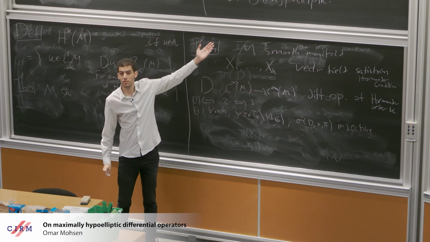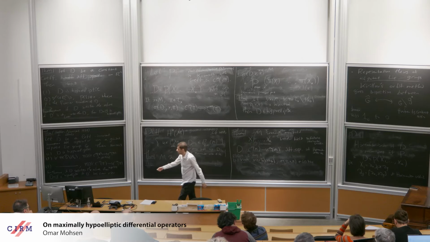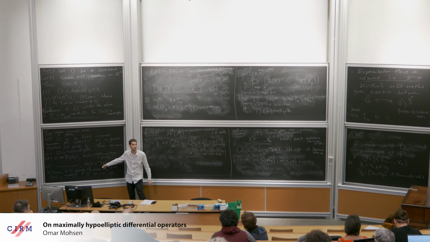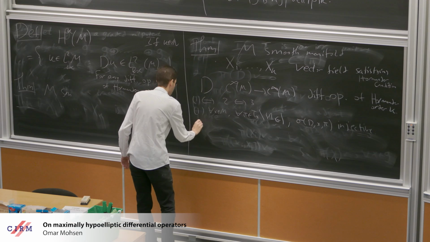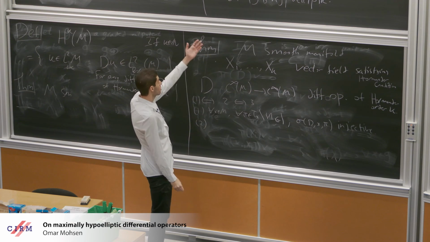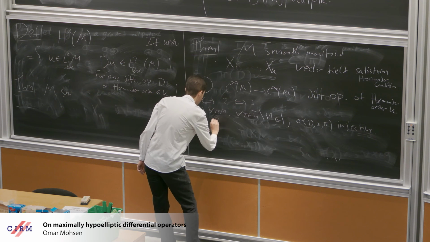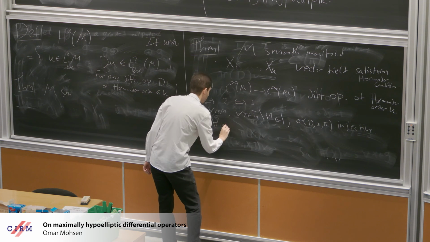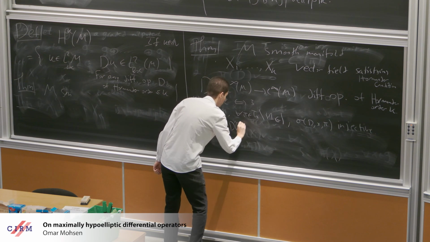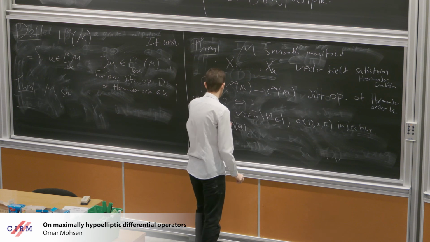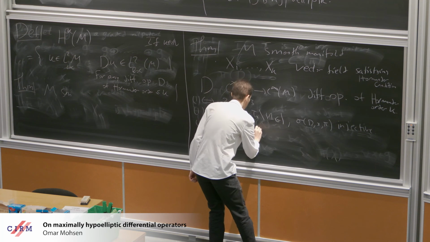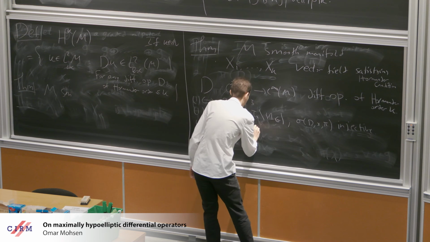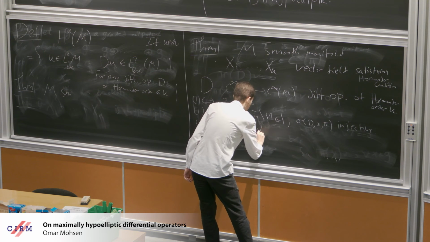Here I wrote injectivity on smooth vectors. I could also force injectivity on C minus infinity; that changes nothing. The second is the stronger condition, which is that for every U, a distribution on M, C minus infinity, if and S in R.